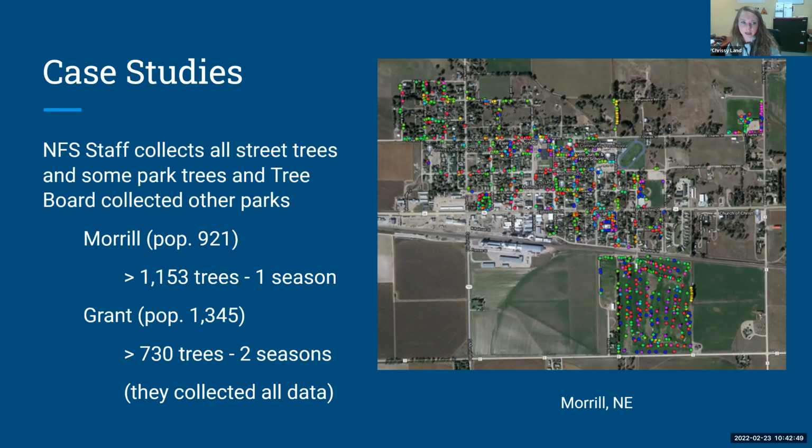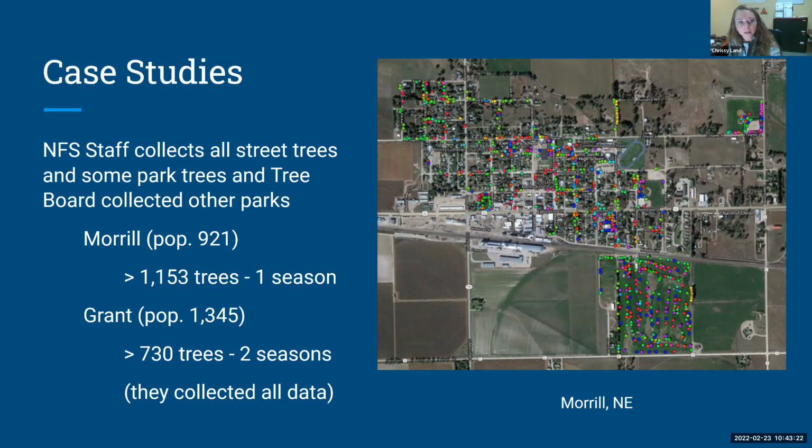And so what I did is I kind of made a deal with him and I said, okay, I will come in and inventory all of your street trees, but I want you to inventory your park trees, because I wanted him to understand how it worked, get some skin in the game, and be able to understand, what am I doing out there? And so we worked together on the golf course, which is down there on the bottom. And so it was kind of that split. I did quite a bit, but they still did some. And that's just because of the size of the community.